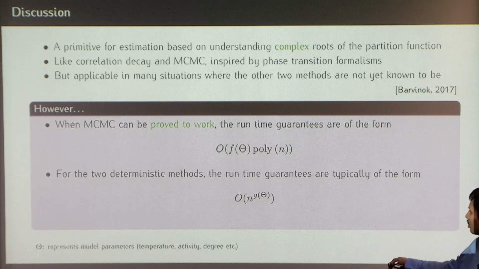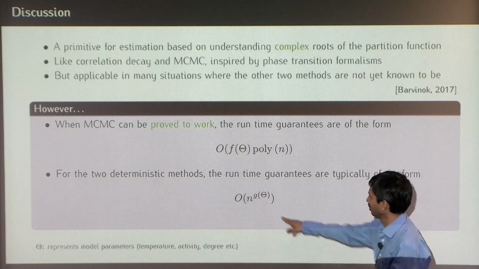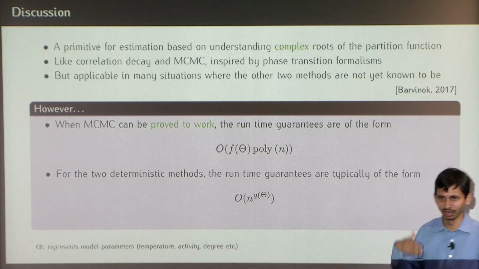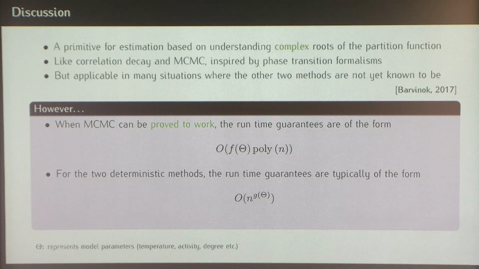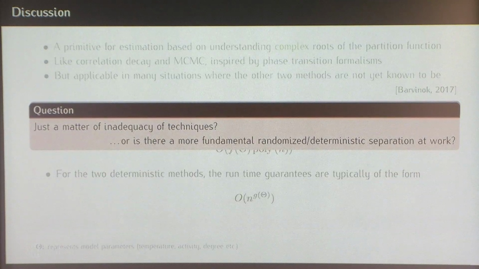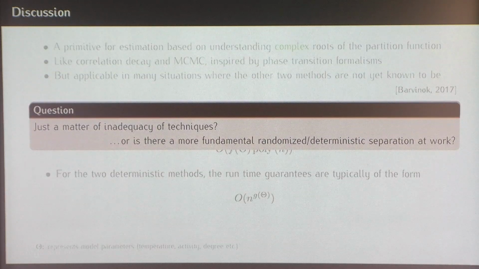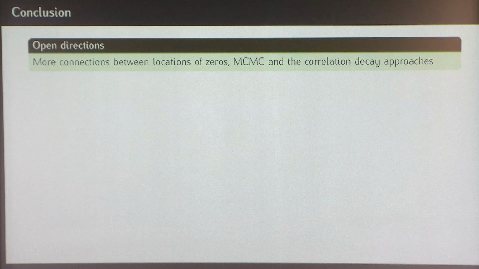For these two algorithms, this distance to the critical value shows up in the numerator, in the degree of the polynomial. So the degree of the polynomial goes to infinity as you approach the transition boundary. One doesn't know how to handle that, and that's what I would like to conclude with. Is this just a matter of techniques, or is there some more fundamental reason that these deterministic methods cannot achieve this?